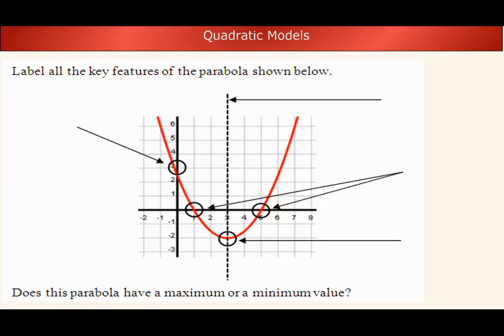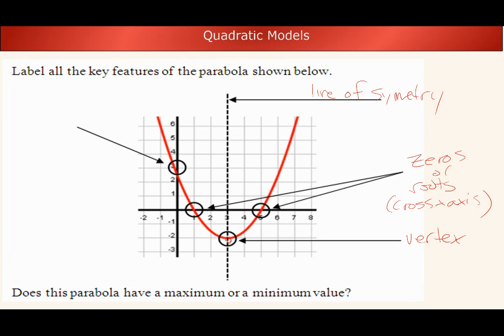Some of the key features of a quadratic relationship would be their line of symmetry, their zeros or roots, and that is where they cross the x-axis. I'll put that in brackets. The vertex is that point right there where it's either its peak or the bottom of the valley.